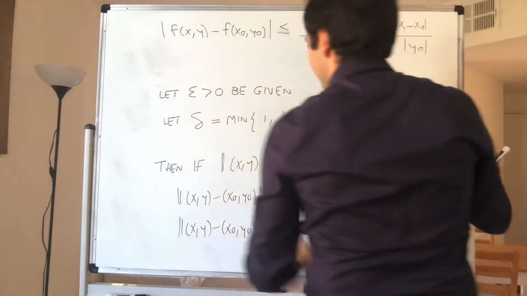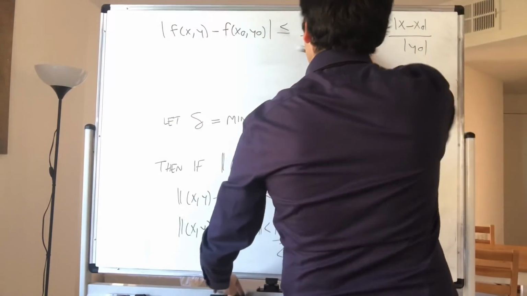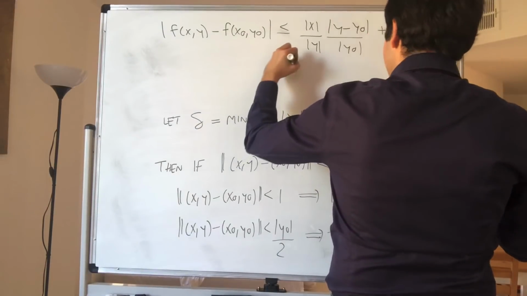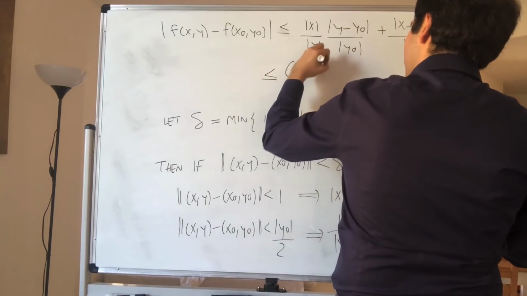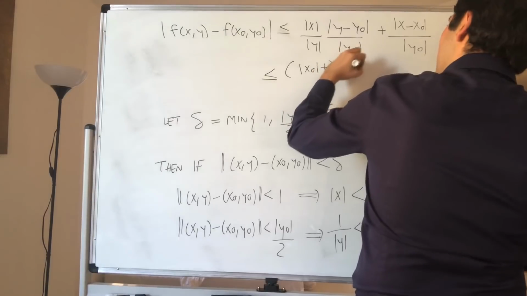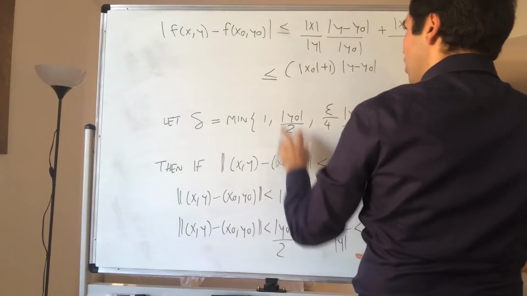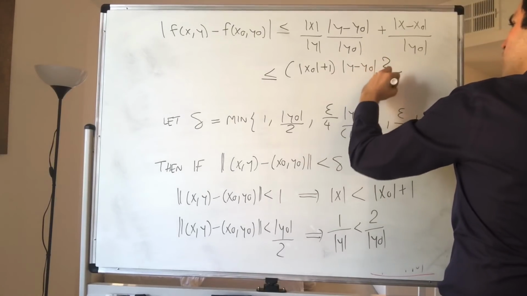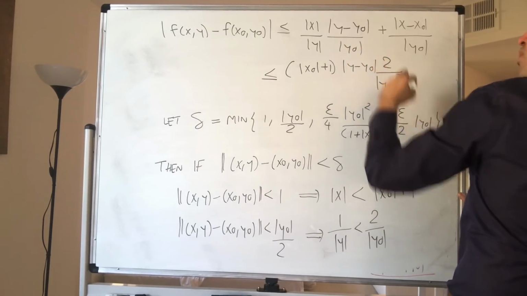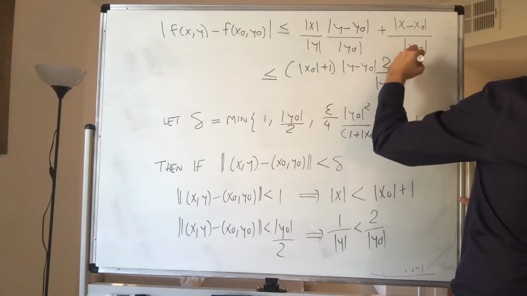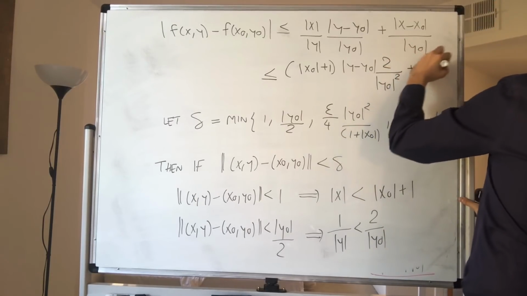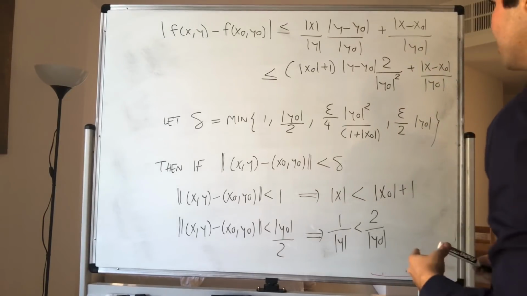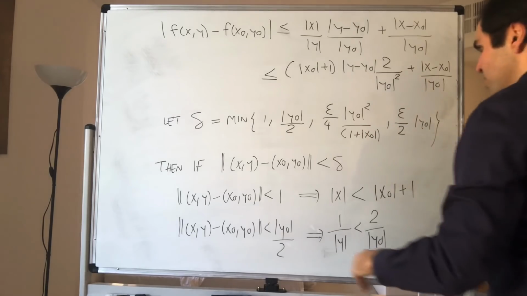And then, now let's use the fact that |x| is less than |x naught| plus 1. So this is less than or equal to |x naught| plus 1 times |y minus y naught|. But this is also less than 2 over |y naught|, so 2 over |y naught| times this extra factor of |y naught|. So 2 over y naught squared, and then plus |x minus x naught| times |y naught|. So in the end, you get exactly the factor that we want.